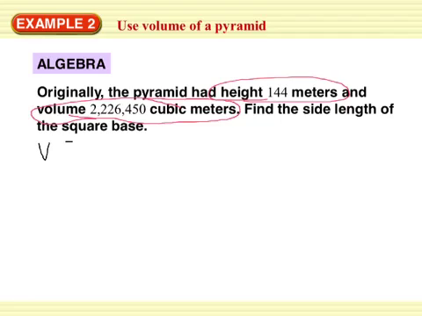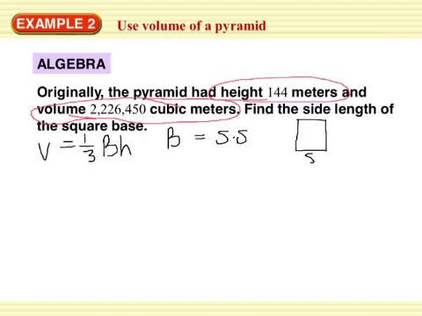I know volume equals 1/3 big B times H, where here big B is, it's a square base, so big B equals side times side, which is the area of a square. Let's plug everything in.